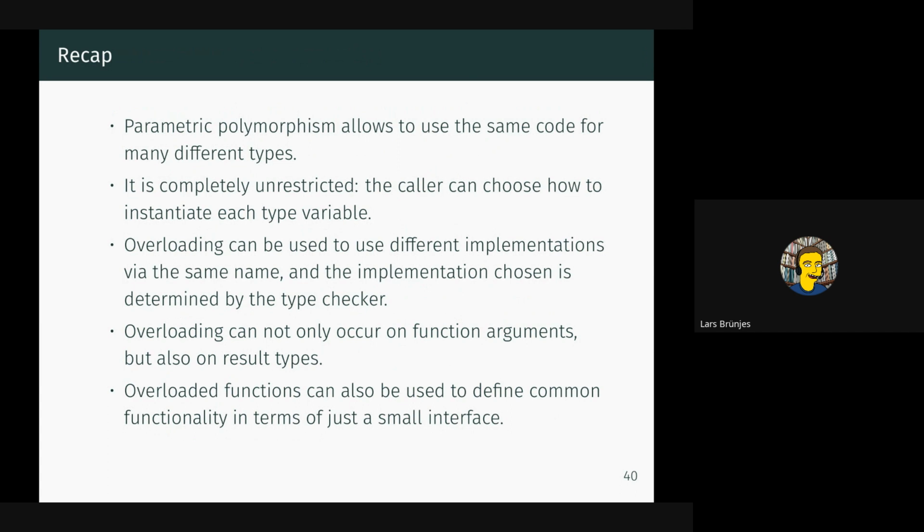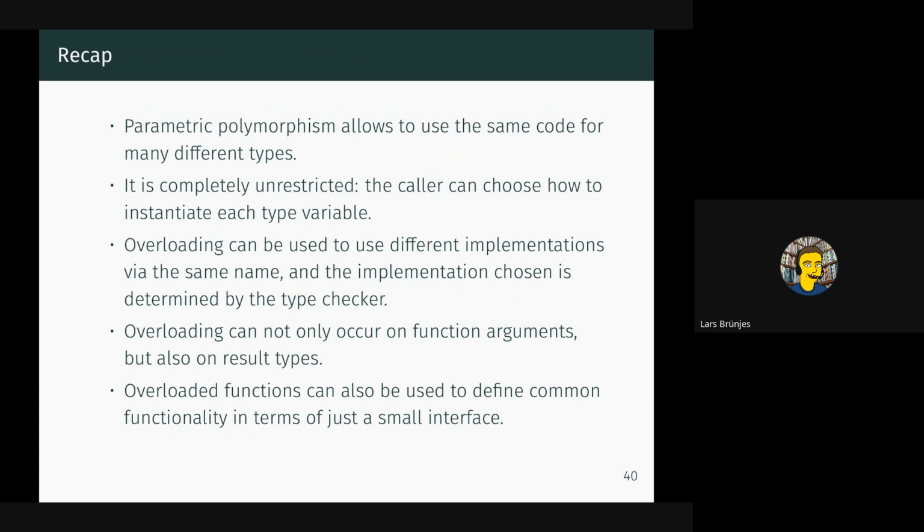And overloading, on the other hand, uses the same name for functions, for example this operator or the show function to convert something into a string, but can use different implementations for different types. That is similar to interfaces in other languages.